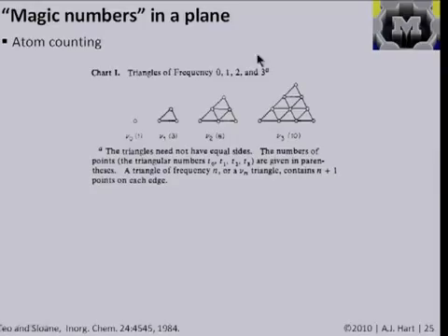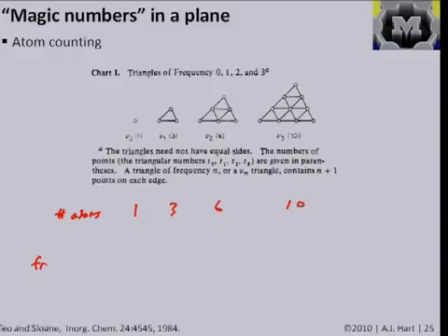So, in the formalism of the paper, if we start building atoms in this way, if we look at the number of atoms in the 3 cases here, well, there's 1 here, and there's 3 here, and there's 6 here, and there's 10 here.